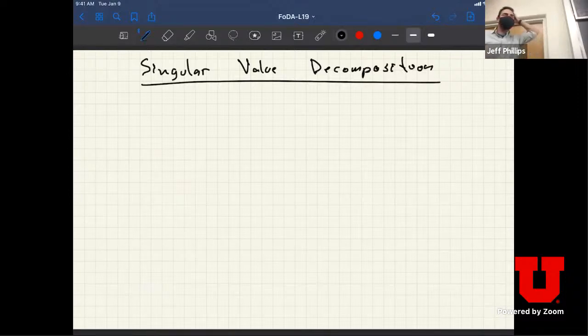This is a linear algebra operation. It's built into basically any package like MATLAB, of course, but also the linear algebra package inside NumPy, within Python.